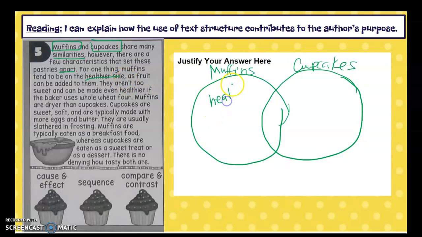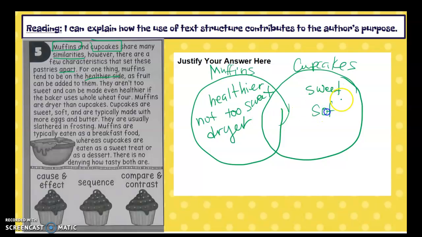Okay, so healthier. They aren't too sweet and can be made even healthier. So not too sweet. If the baker uses whole wheat flour, muffins are drier than cupcakes, so drier. Cupcakes are sweet, soft, more eggs and butter.